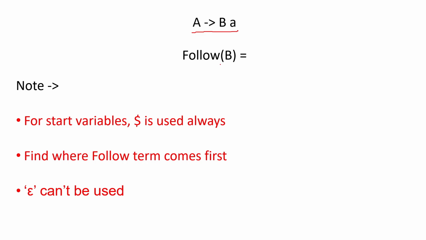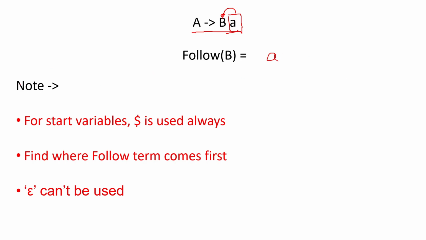Now I have been told to find the follow of B, that is, which term is following B. If I see the grammar here, A is the term that is following B, that is the next immediate term. So in this case my follow of B will be A, because A is following B. I hope you understand the concept of follow, that is, what we are going to find.